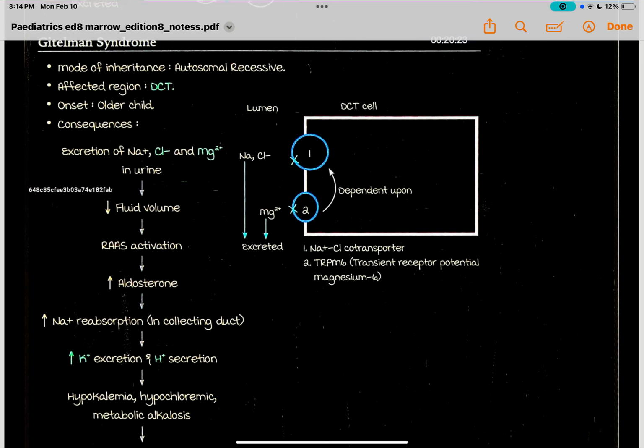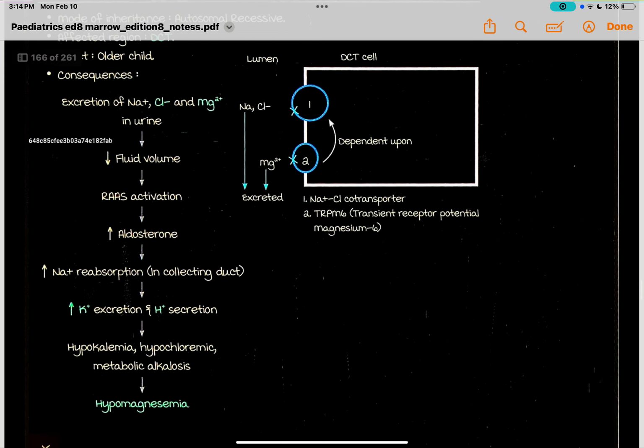Bartter syndrome was also autosomal recessive. Affected region is the distal convoluted tubule. Onset is in older children. Consequences are because of excretion of sodium, chloride, and magnesium in urine. There is reduced fluid volume, RAS activation, increased aldosterone, increased sodium reabsorption in the collecting duct, increased potassium and hydrogen secretion, hypokalemic, hypochloremic metabolic alkalosis, and also hypomagnesemia.